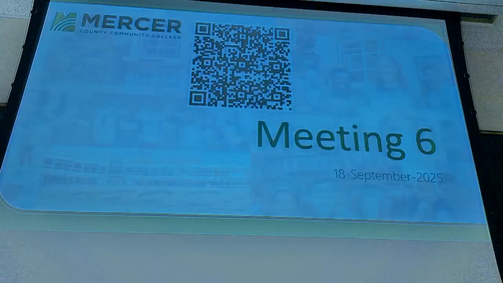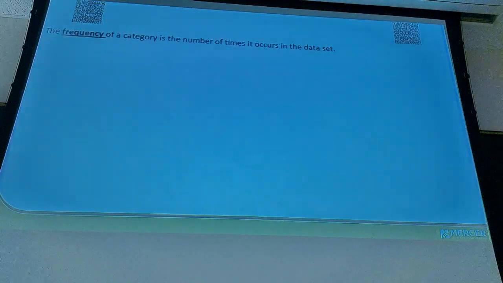One of the most common ways of presenting qualitative data is through a frequency table. So for a frequency table, you need the categories. They're just pretty obvious that it's qualitative. And the frequency, the count.